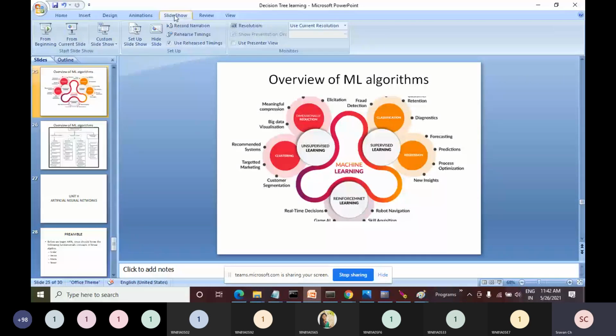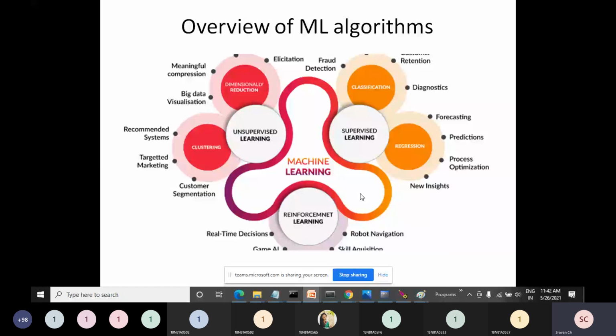Now this is an overview of ML algorithms, friends. Machine learning algorithms can be categorized into 3 types. I am trying to give you an overview of the entire subject.